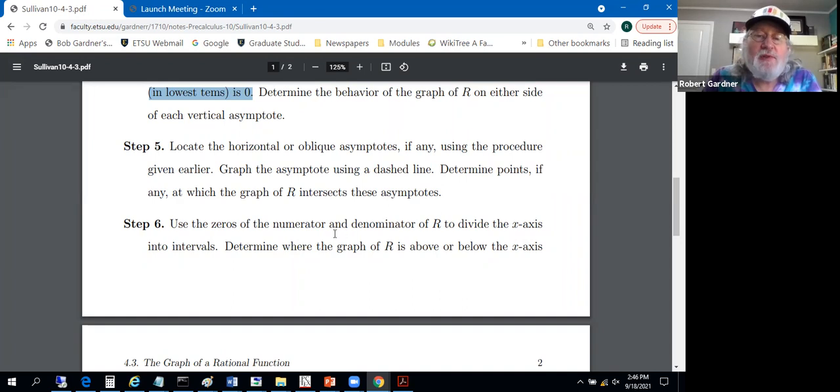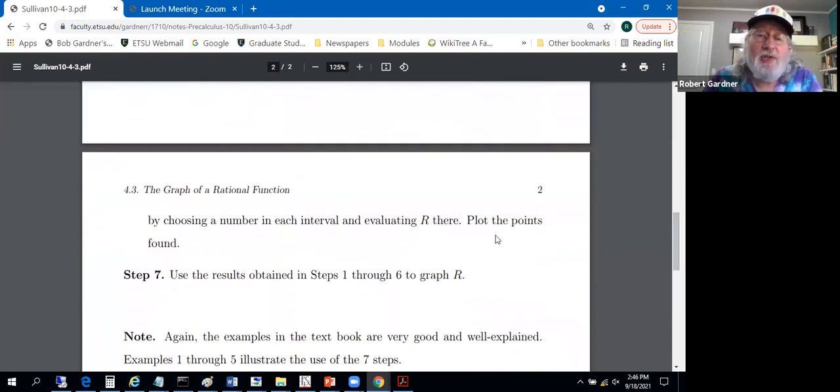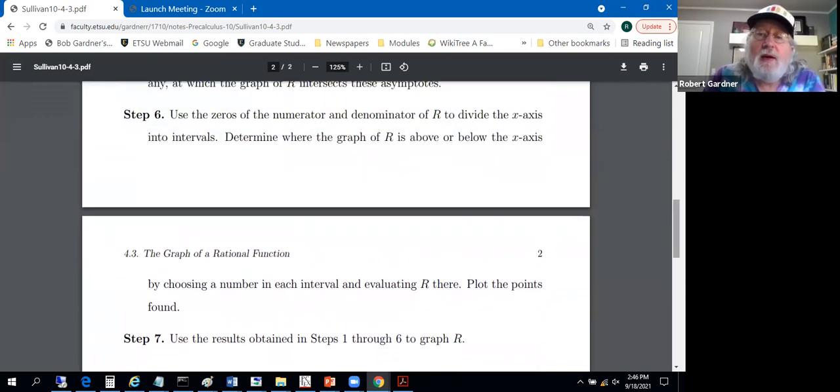Use the zeros, step 6, of the numerator and denominator of R to divide the x-axis into intervals. Determine where the graph of R is above or below the x-axis by choosing a number in each interval and evaluating R there. So this is where we're determining above or below the x-axis. That's the punchline there.